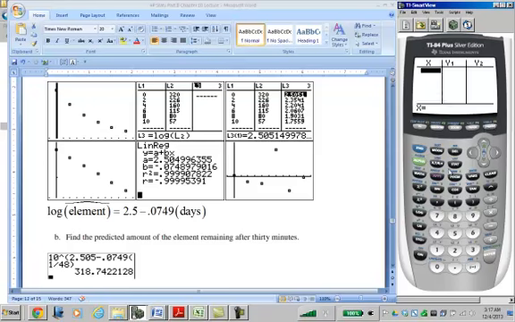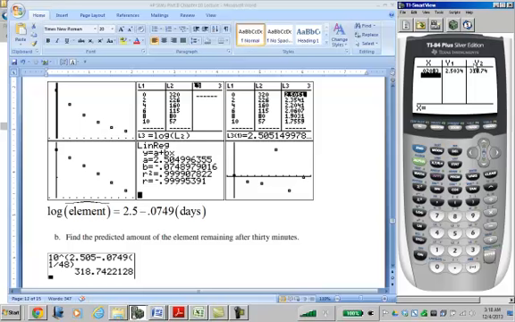Okay. So x equals 0.5. I'm putting in half an hour. Oh, that's half a day. Okay, that was half a day. 1 divided by 48. Okay. And there's the 318.74. Okay, that's what you want.